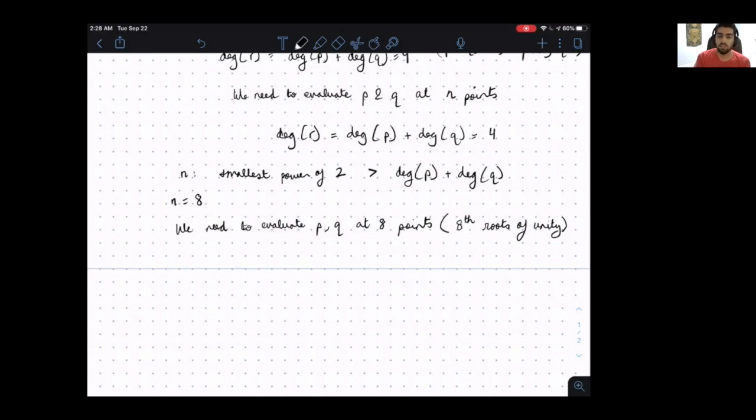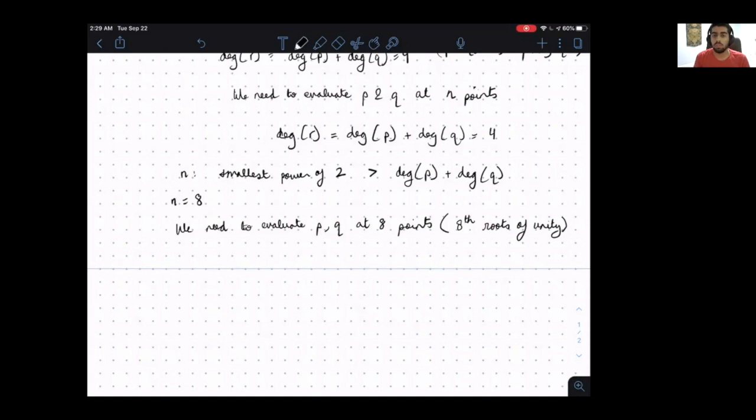But for now, all you really need to know is that these 8th roots of unity are all unique, distinct numbers. So they're just any old numbers that we can evaluate P and Q at, just like any other numbers. And they have a few really cool special properties that allow us to break down our recursion very smoothly and with no hiccups at all.